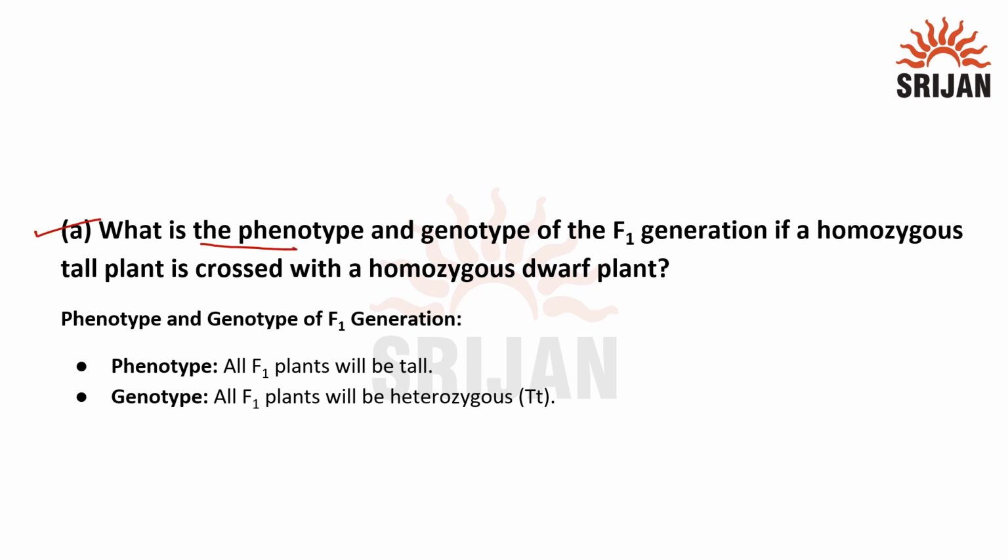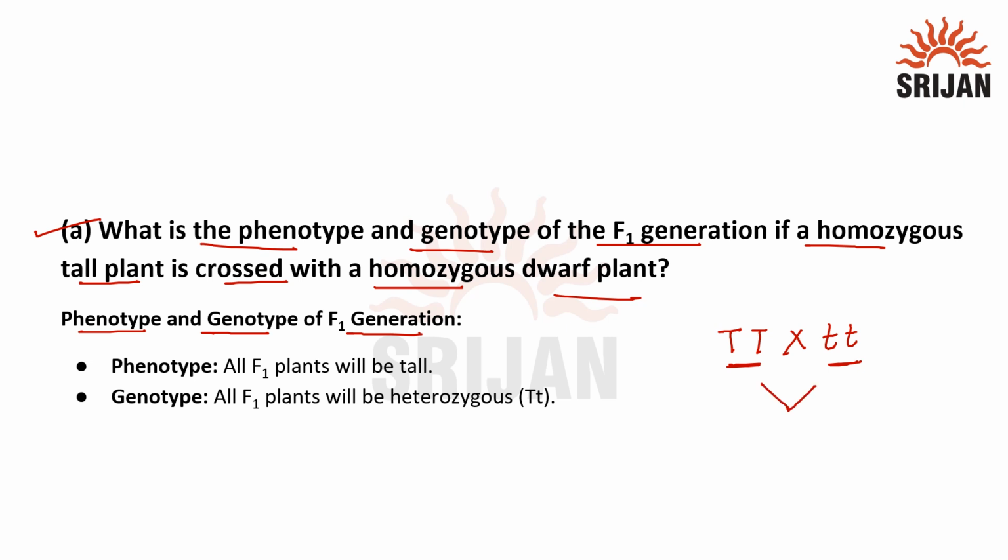What is the phenotype and genotype of F1 generation if a homozygous tall plant is crossed with a homozygous dwarf plant? We know that parents are homozygous tall and homozygous dwarf, that is capital T capital T for homozygous tall and small t small t for homozygous dwarf.